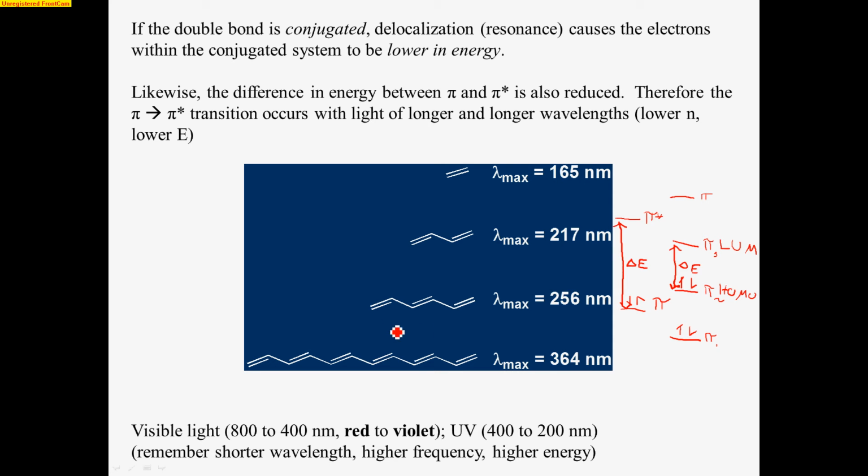As you extend the conjugation from two pi bonds to 3 pi bonds to multiple pi bonds, that difference in energy keeps going down, and the wavelength keeps migrating from the far UV until you hit somewhere right around here, which is right around the visible.